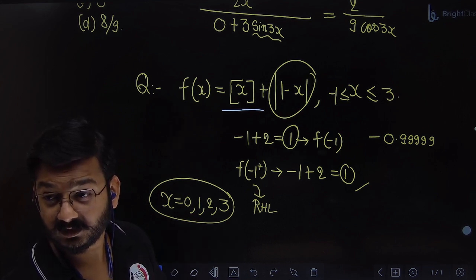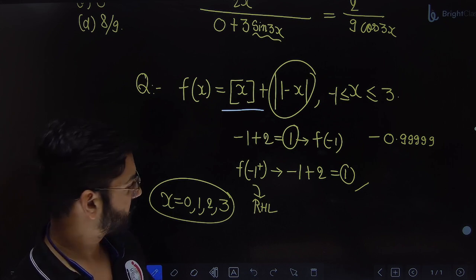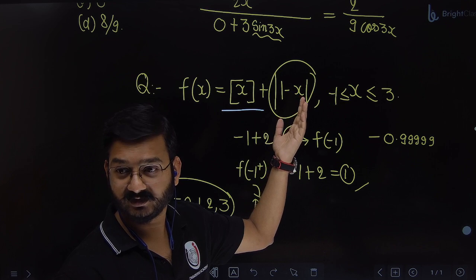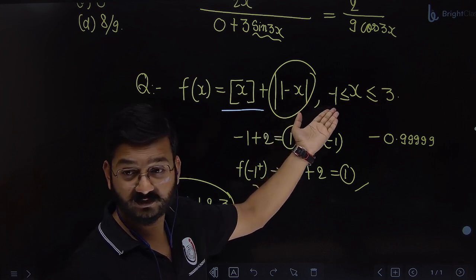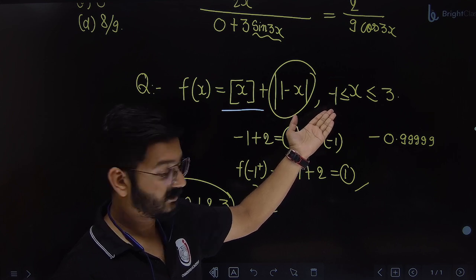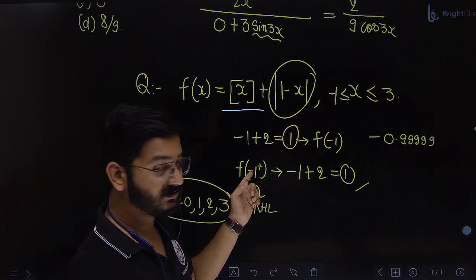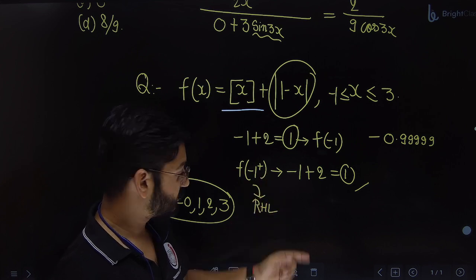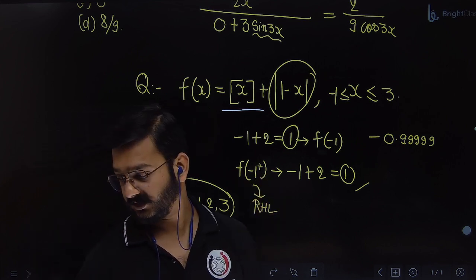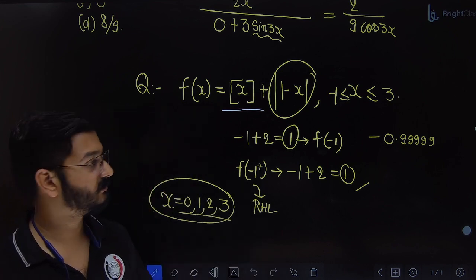I told you that on the left side it is not defined because the function is not defined for less than -1. See here. So we found the right hand limit at -1 plus. Now you have to check at which points: 0, 1, 2, 3. Okay, check at 0 quickly.